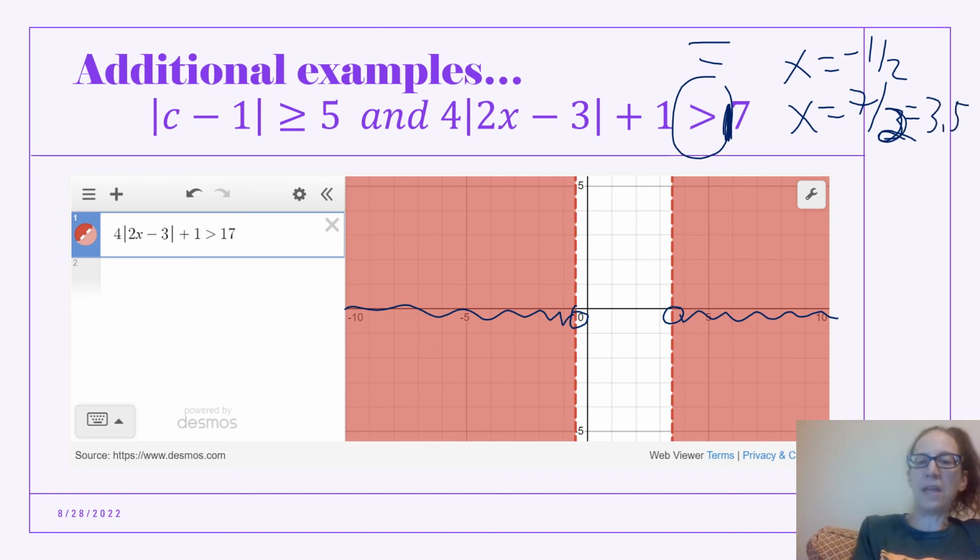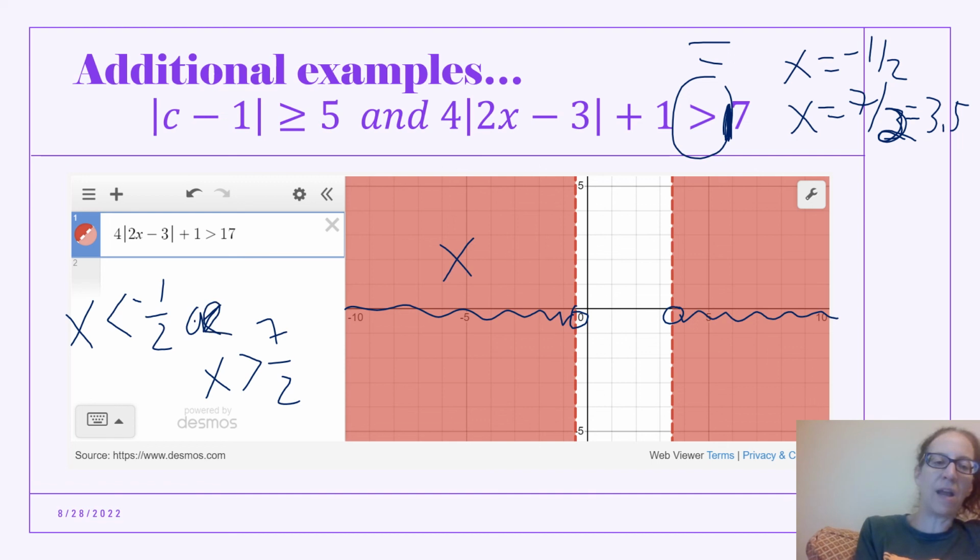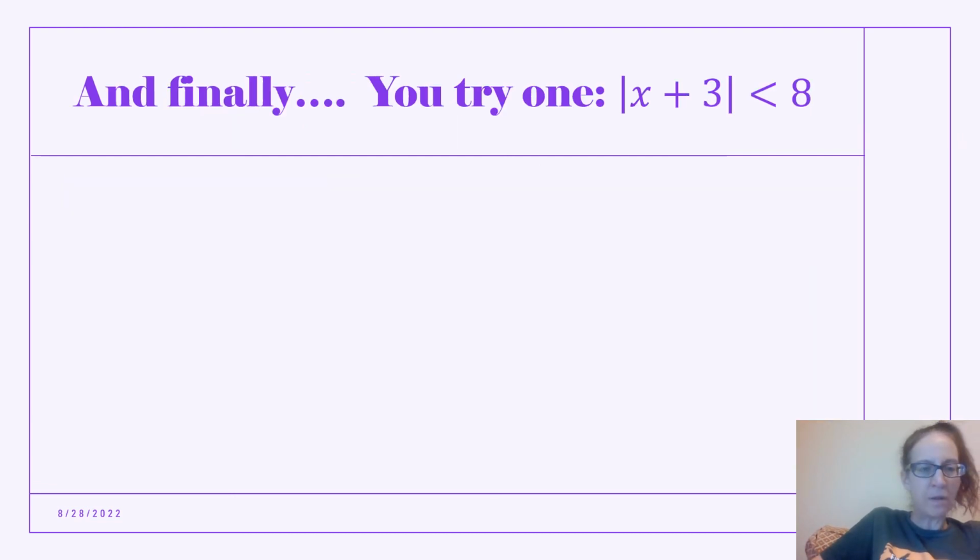Now we've got the inequality, and so now we would have x is less than -1/2 or x is greater than 7/2. And you do need to say or, because x cannot be in both places. Okay, x cannot be in both places. It was a little bit bumpier than I think I had hoped it would be, but what are you gonna do?